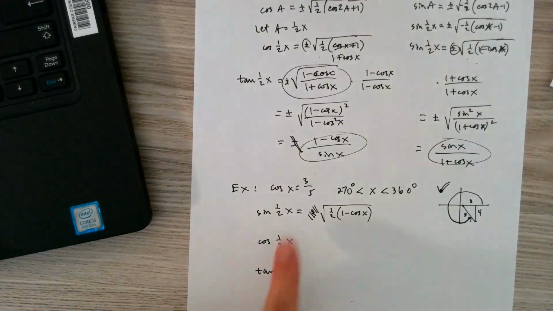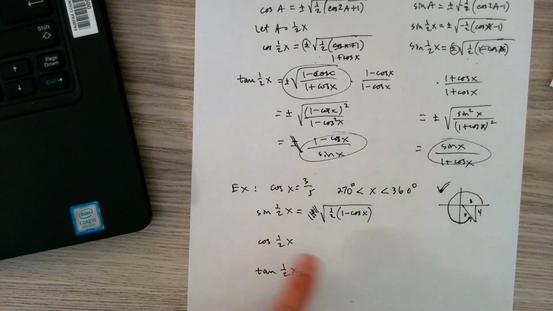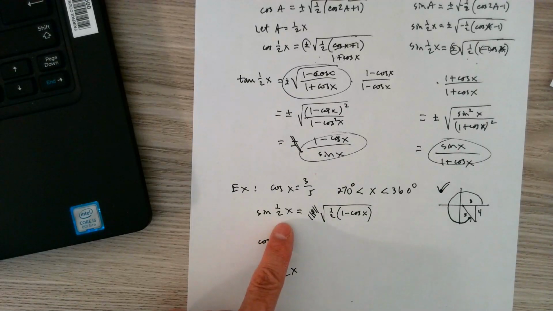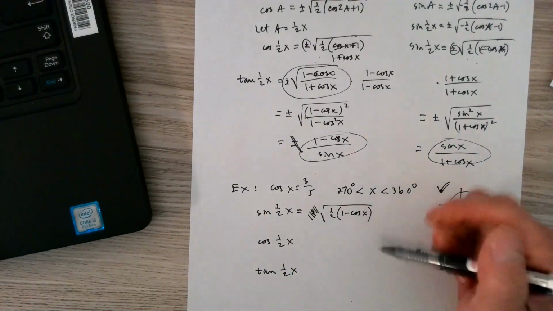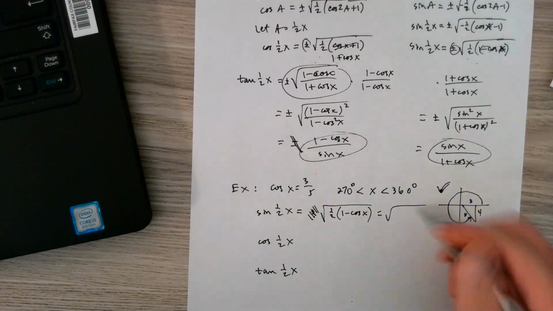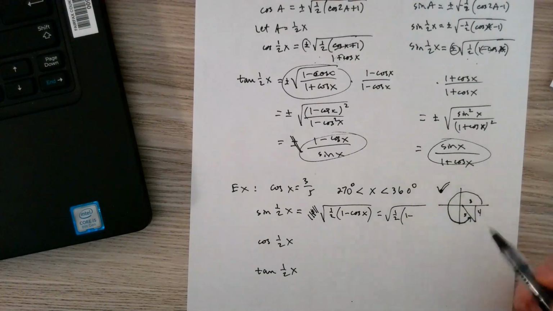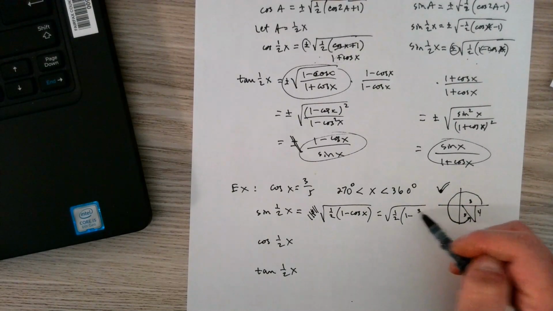So that's why the plus or minus was in the identity up here and here. But once you are told where x is, there should be no doubt what quadrant 1/2 x is, and therefore no doubt whether the sine or cosine is positive or negative. So you should be able to figure that out. Okay, so proceeding with the calculation, radical of 1/2 times 1 minus the given cosine, which was 3/5.